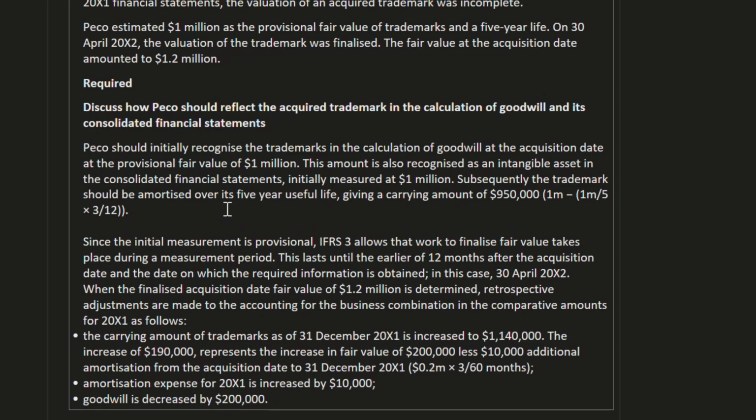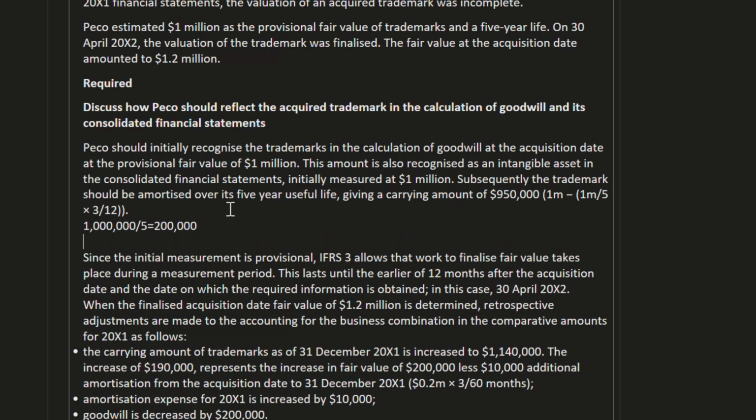The simple method of solving this: we have a trademark value of 1 million. First, we divide it by 5, so the per year value we get is 200,000. This will be amortized each year.